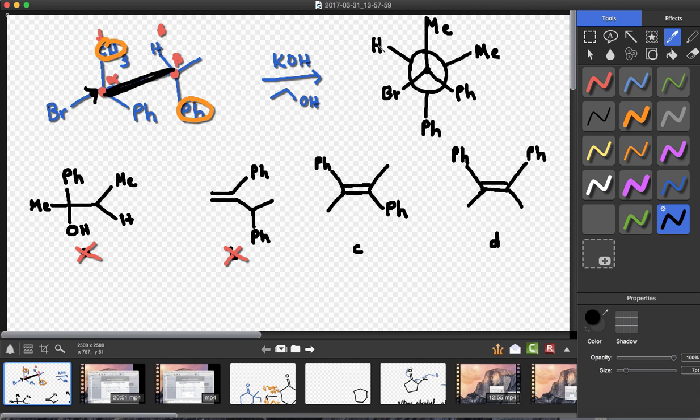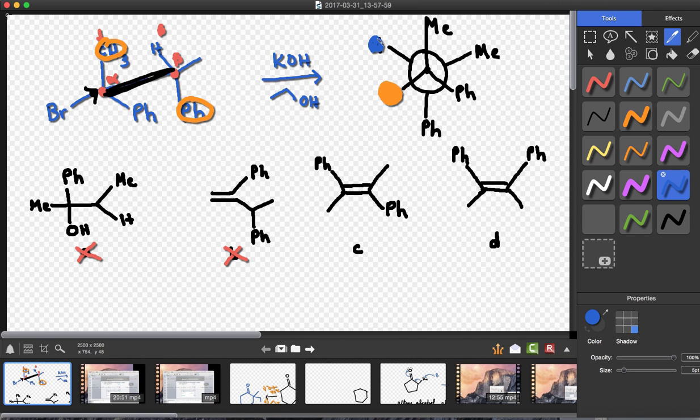What's important to realize at this point is that the bromine, which I am going to make a large orange sphere, and the hydrogen on the back carbon, which I'm going to make into a blue sphere, must be anti-periplanar, in the same plane with a 180-degree dihedral.